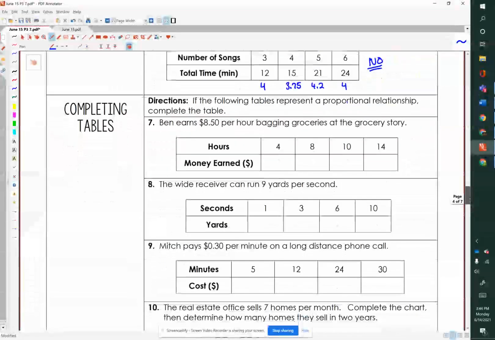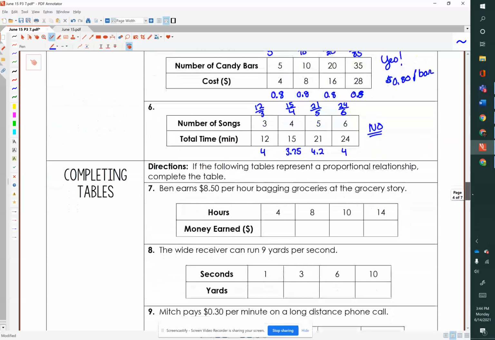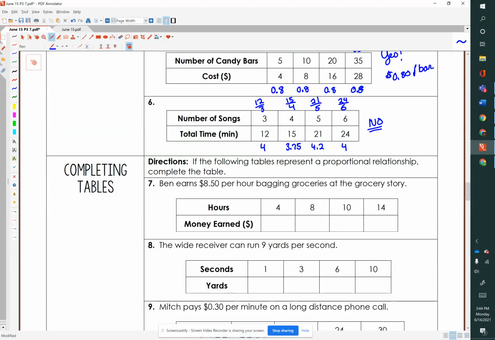So now what we have is some tables that are incomplete, and we will complete them. And we are told in our instructions, if the following tables represent a proportional relationship, complete the table. So Ben earns $8.50 per hour. That's proportional, bagging groceries at the grocery store.